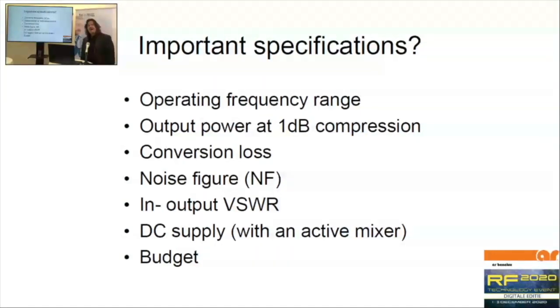In case you have an active mixer, which is possible, for instance, if you put an LNA in the same system to combine it, which kind of DC supply can I permit myself? What is the system willing to put on this? Looking into that, and of course, well, as always, you will have a certain budget. Some solutions are more expensive than the other one. That's the way life is.